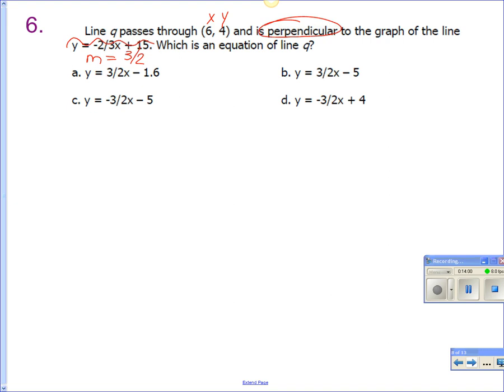All right, Dylan, something else to do on this one. Very good. Ethan H, what goes in for Y? 4. Andrea, what goes in for M? Zaria, what goes in for X? 6.